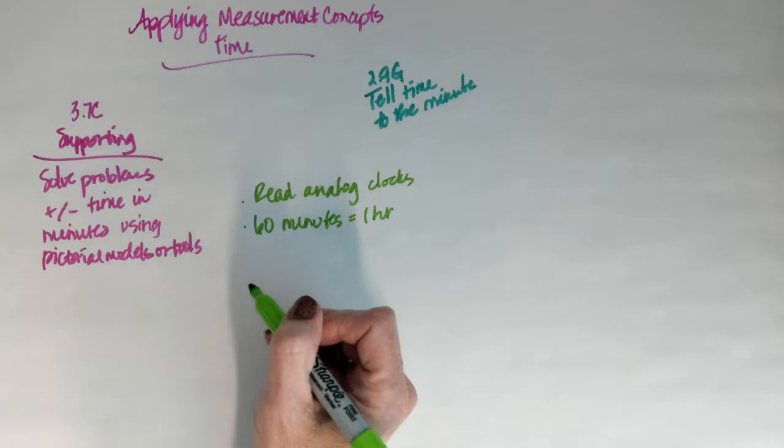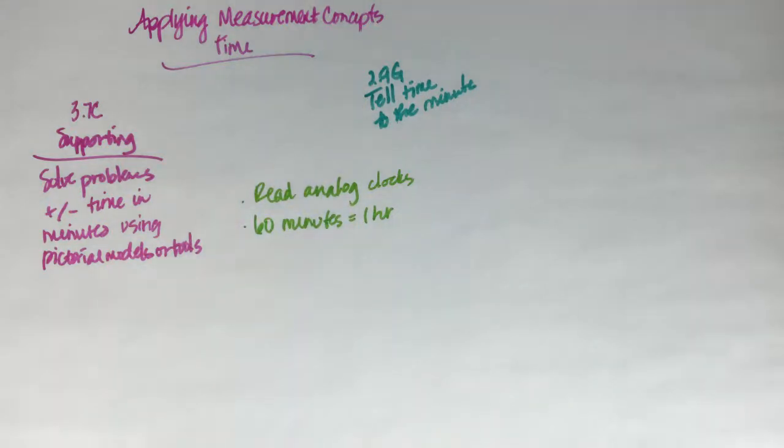So we're in third grade solving problems where we are given a start time and how long something took to finish, or we're given an end time and trying to figure out when something started. So let me give you an example.